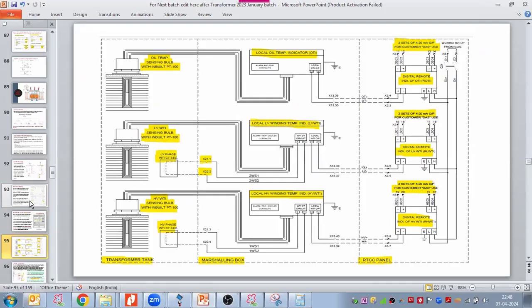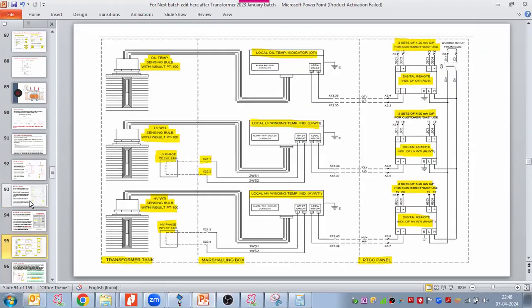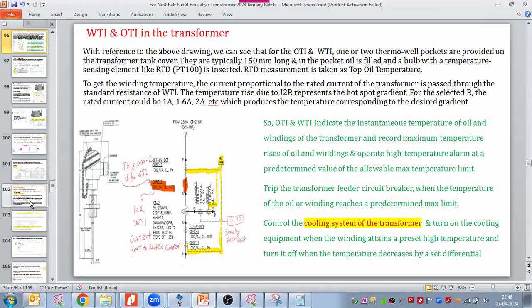And we have discussed that temperature is measured locally in the Marshalling box and remotely in the RTCC, which is placed inside the control building, and for that we have to do the wiring as well. We discussed the WTI, we take the CT for the WTI, and we discussed what should be the WTI CT rating.